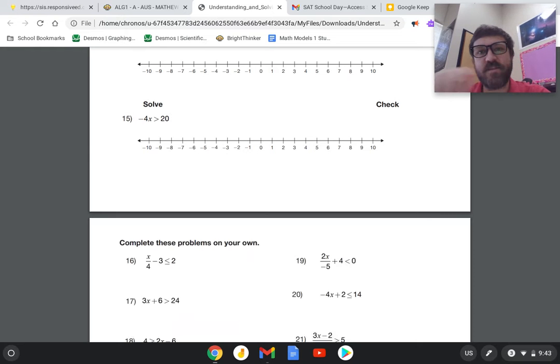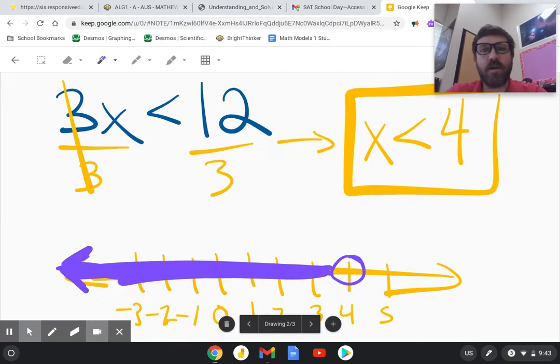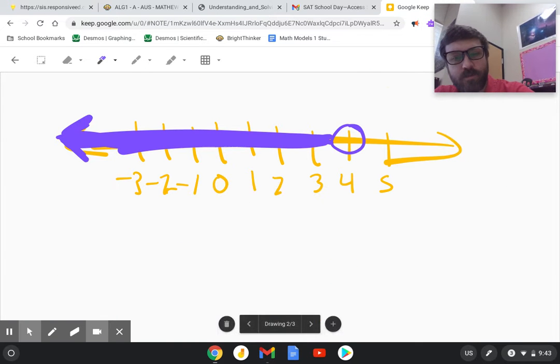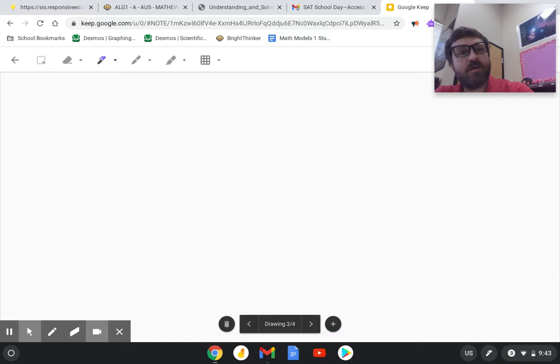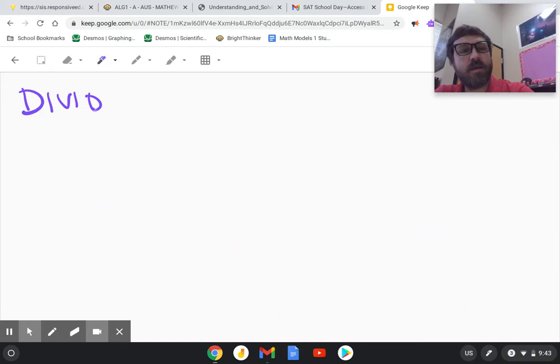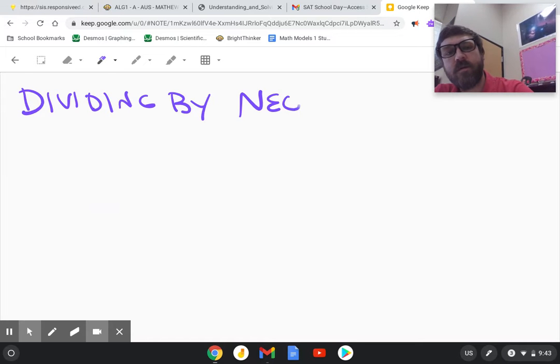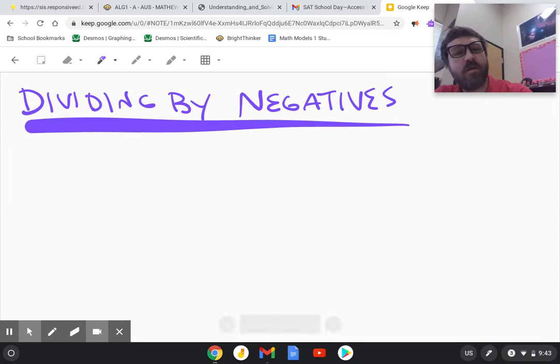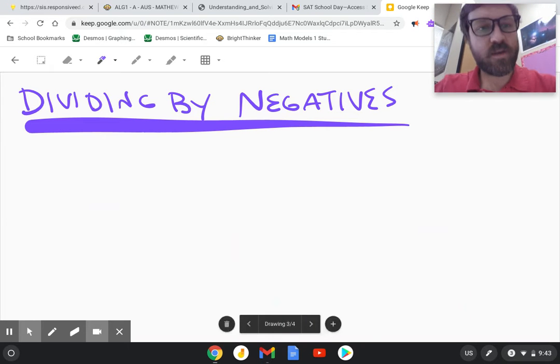Now, one note about 15. There is one difference. I'm going to make a new drawing for this. Dividing by negatives has a different effect on inequalities. And the rule is as follows.